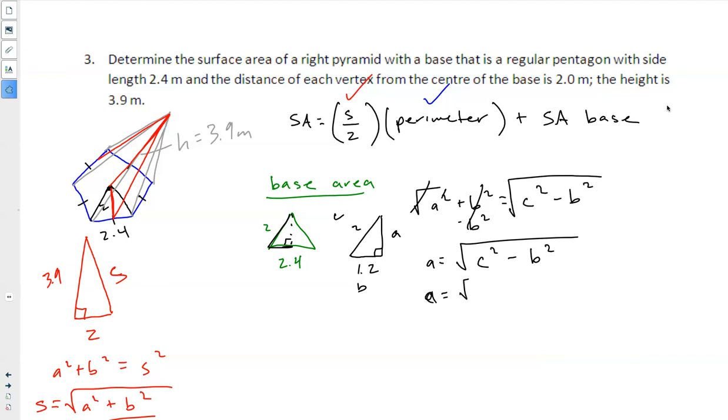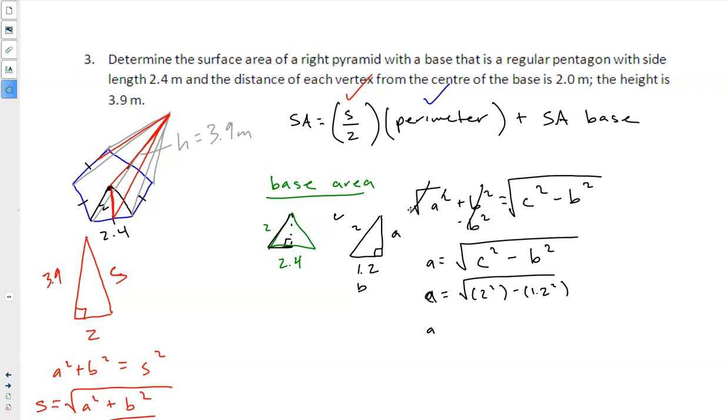So remember, C squared is the hypotenuse, so 2 squared minus 1.2 squared. And I should be clear with my notation. I honestly didn't put these brackets in for any reason. I should have been better with that. Let's fix it. Minus 1.2 squared. There we go.